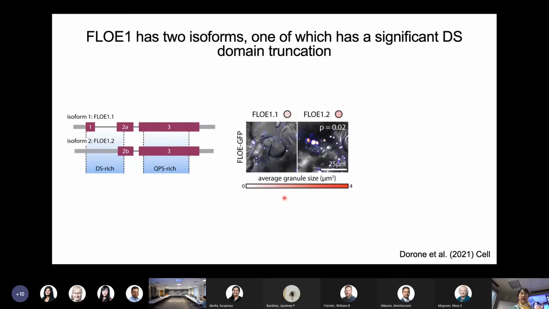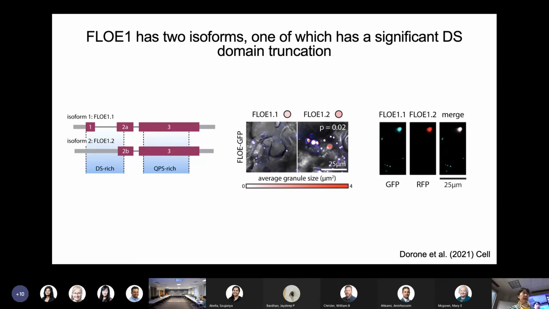And as expected, that second isoform that we're calling 1.2 makes these very large solid-like structures. And what was also interesting is that the full version of the protein physically interacts and merges, dissolves each other with the shorter form. So the longer one is able to scoop up the smaller one, or vice versa.